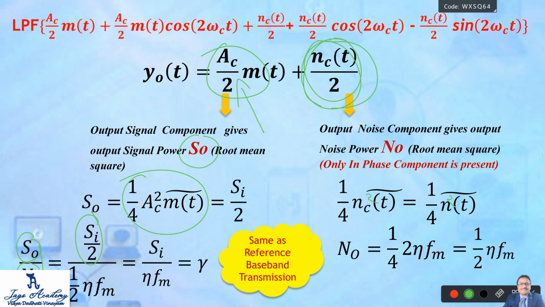In baseband, you got signal to noise ratio as Si divided by eta into fm. Yes or no? Right? That's why I'm doing it as Si by 2 divided by half into eta into fm. So this gets cancelled. Ultimately, what you get? Si by eta fm. That is equal to gamma.